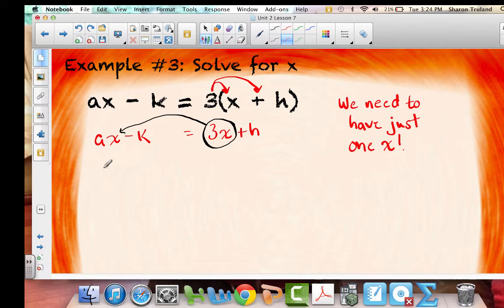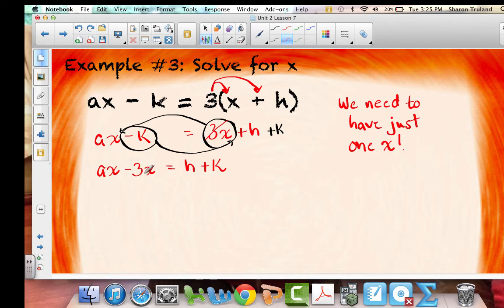All right, so that means we have this ax. This comes over as minus 3x. And then I'm going to take this minus k and put it over here by doing its inverse operation, which is adding k.